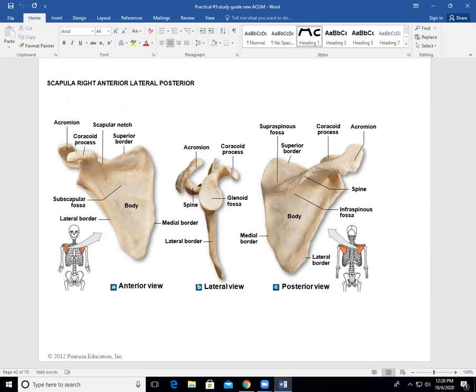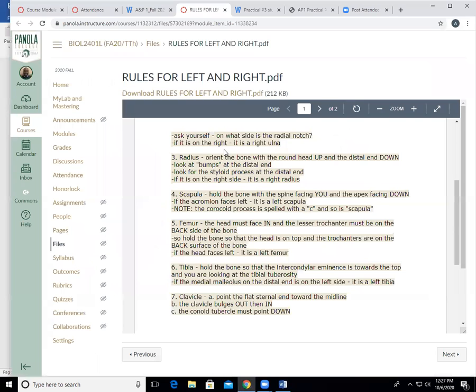So I'm going to show you how to tell right and left for the scapula. It says hold the bone with the spine facing you. So find the spine of that scapula, and make sure that spine is facing you.